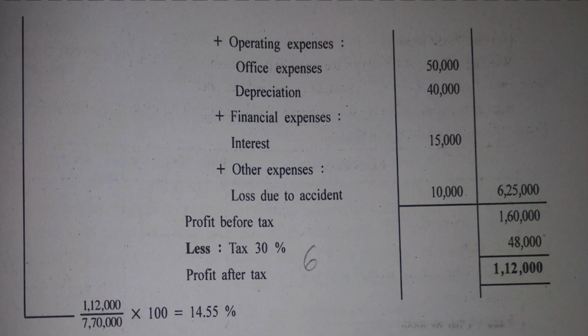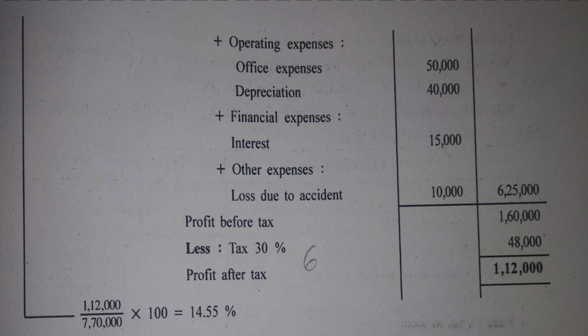The figure obtained is profit before tax, which is 1,60,000. Minus income tax. The income tax rate is given as 30% in the question. 30% of 1,60,000 is 48,000.